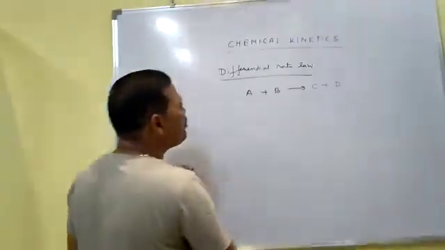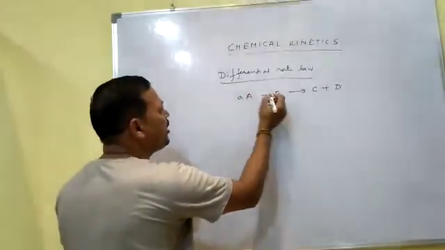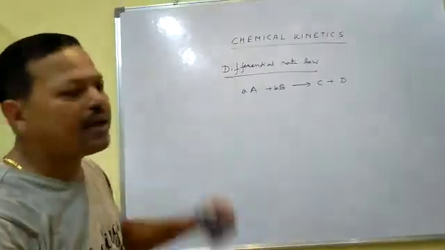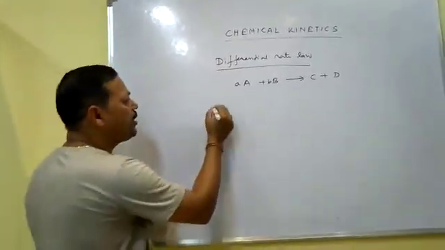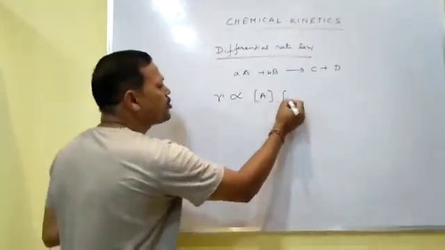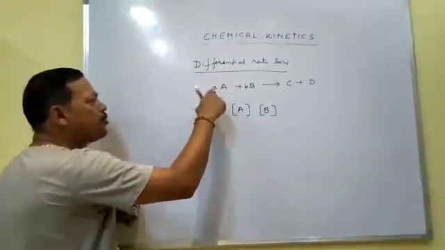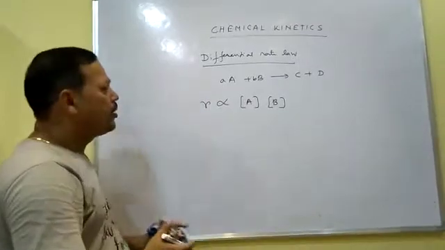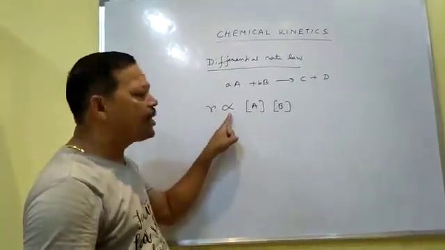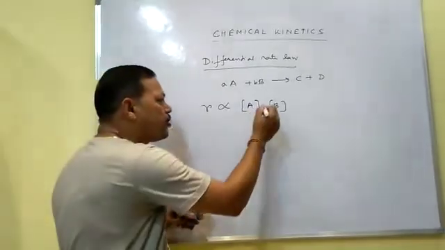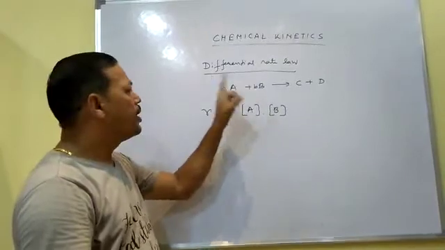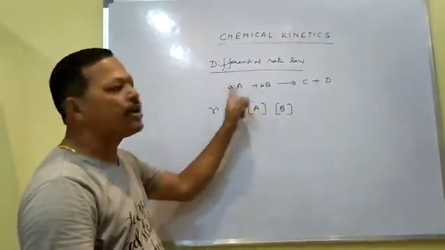Now suppose the reaction contains coefficient a and coefficient b. Then how to express the rate of reaction? By applying this differential rate law. As you know, R is directly proportional to the multiplication of the concentration of reactants. Now what about these coefficients a and b? According to differential rate law, the rate is directly proportional to the multiplication of the concentration of reactants, each raised to a power that may or may not be equal to the coefficient.